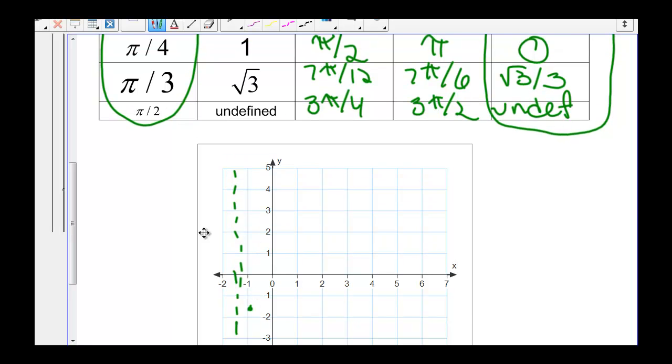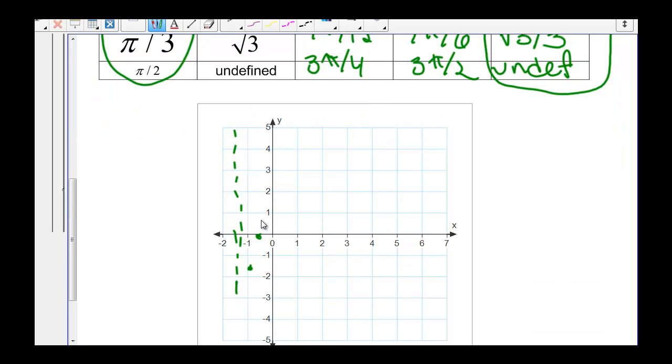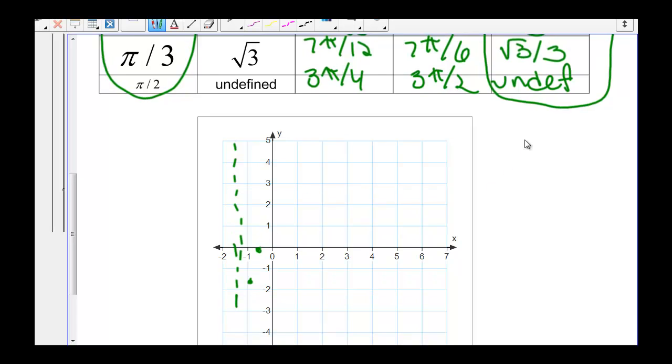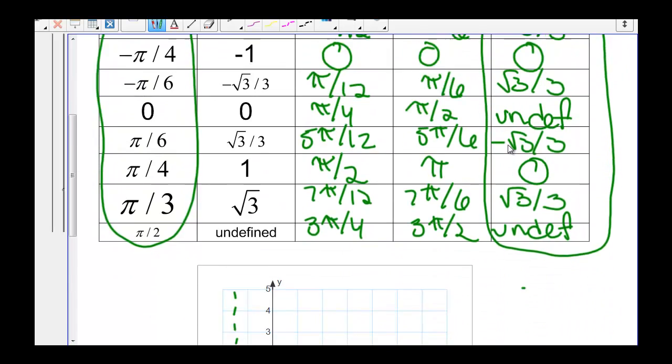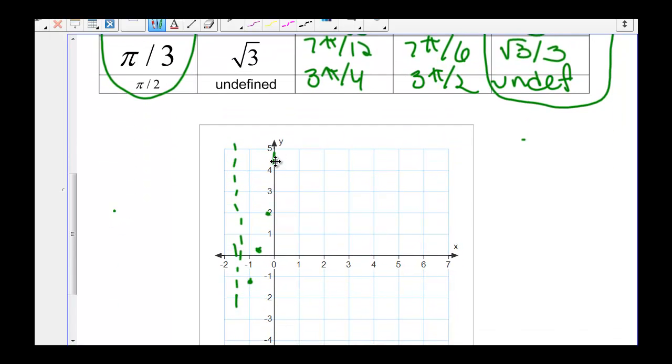At negative pi over 4, we are at 0. At negative pi over 6, we are at square root of 3 over 3. And at 0, we are undefined, so we have another asymptote.